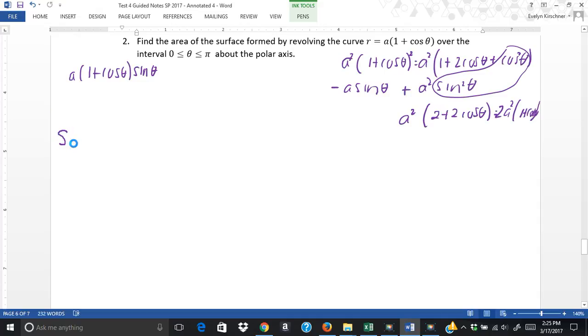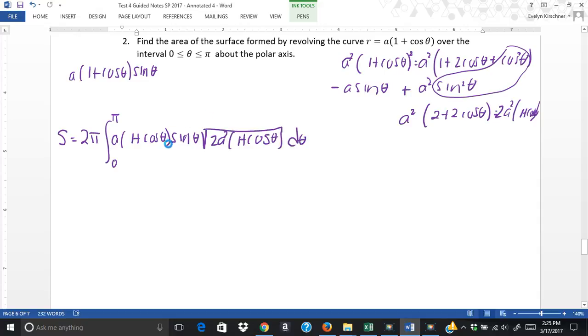So now I have s is 2 pi, the integral from 0 to pi, of this a times 1 plus cosine theta times sine theta times the square root of 2a squared times 1 plus cosine theta, all d theta.